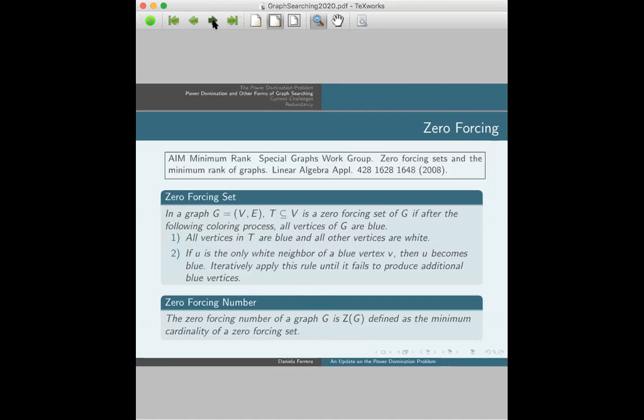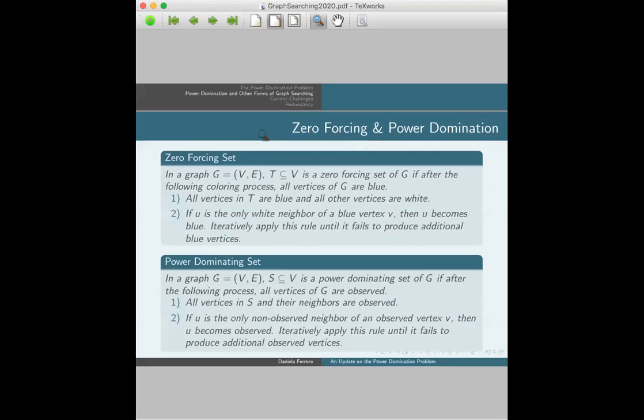So the idea is to compare the definitions of zero forcing set and power dominating set, right? Basically, in one case, we're saying every vertex in T is blue and the remaining ones are white. And then we iterate this rule. In the other case, we say all vertices in S and also their neighbors are observed.